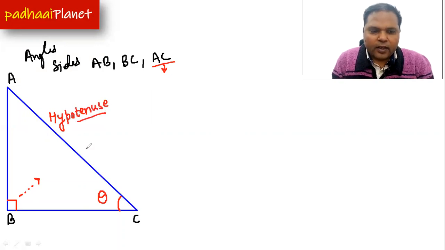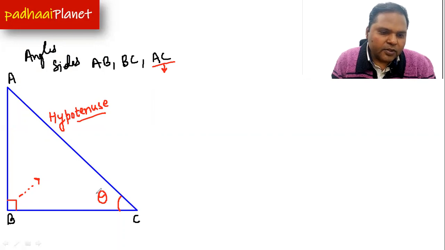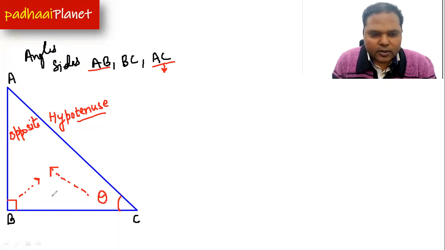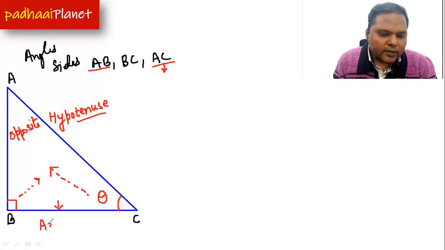Similarly, the side which is opposite to theta is AB, and that's why it is called the opposite. Similarly, the one which is adjacent to theta is this one, and this is called the adjacent.